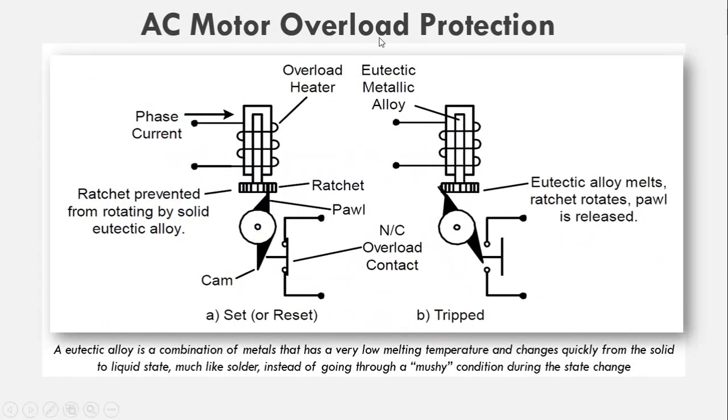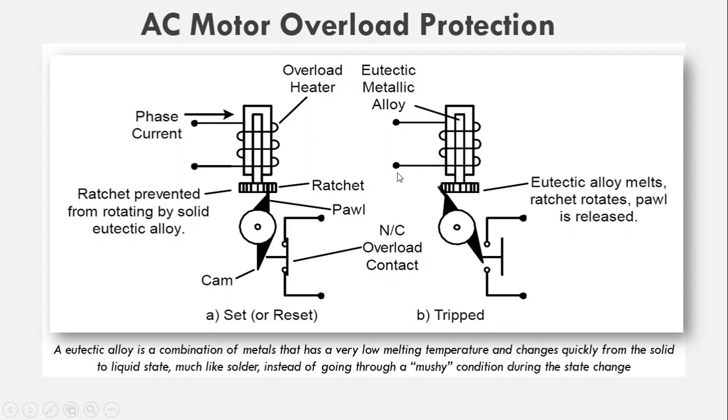This is the arrangement of the overload protection. Here we have the coil of the phase current. Here we have the ratchet, prevented from rotating by the solid eutectic alloy. With this, we have this cam which is interfaced with it. When there is an overload, the eutectic alloy will melt and this ratchet will start moving. When it rotates, it rotates this pawl also, and this pawl is attached to the normally closed overload contact.